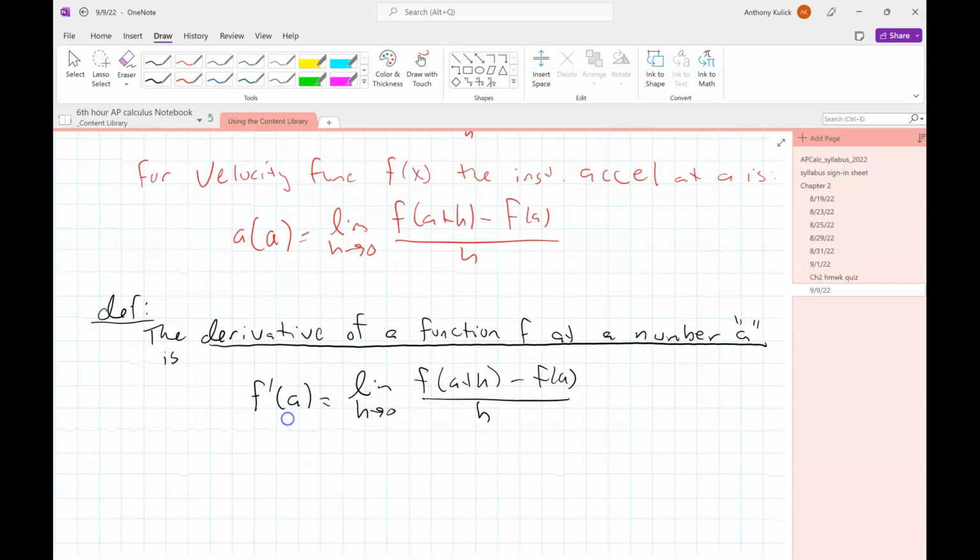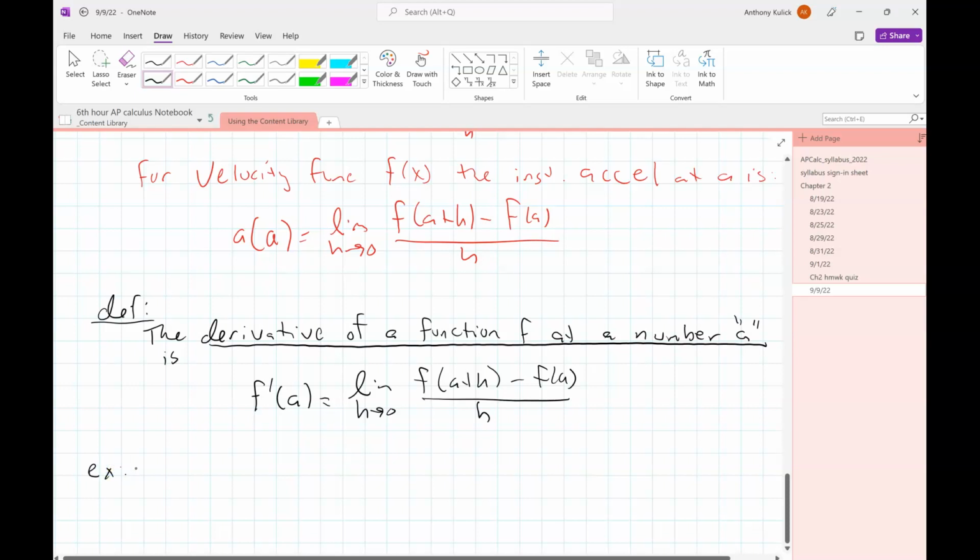So let's do a quick example here. Say we have f of x is the function x squared minus 8x plus 9. And then we'll ask for f prime of 3.